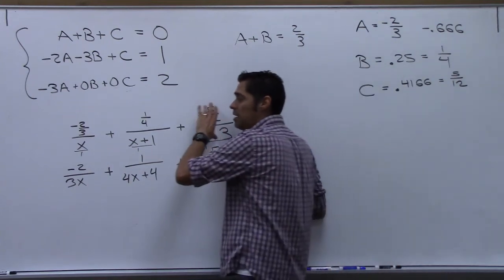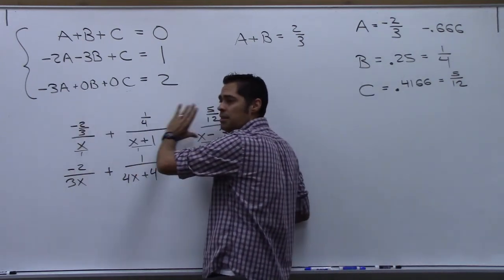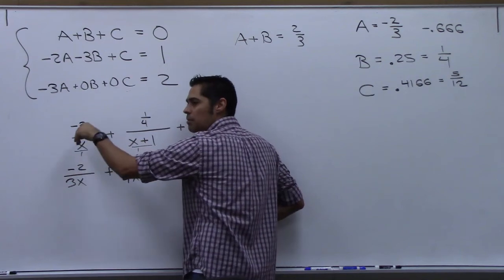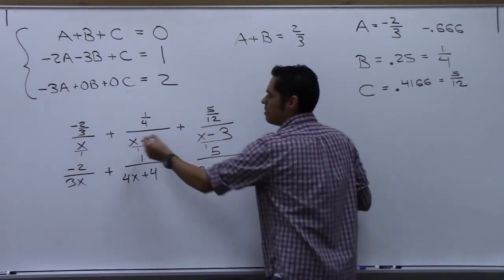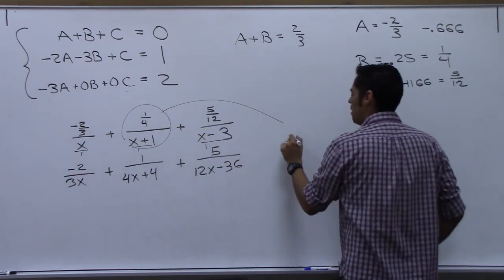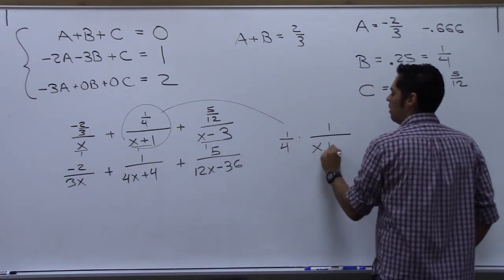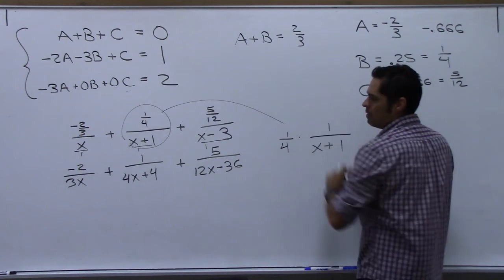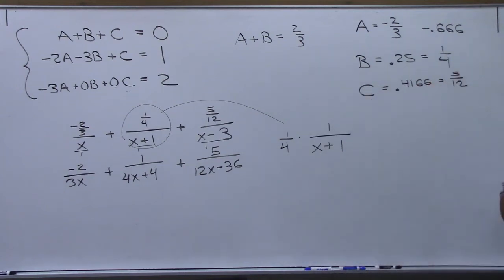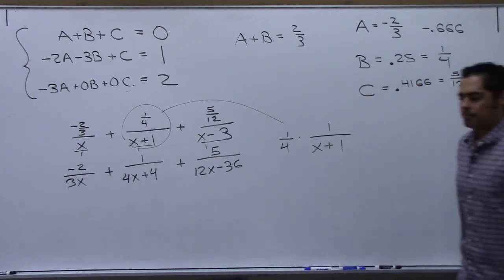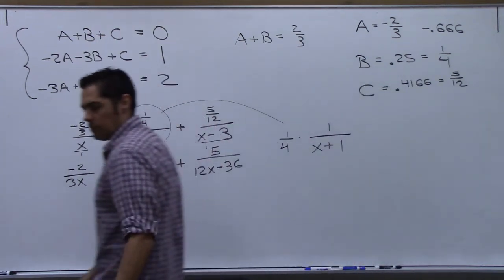But again, like I said, in a calculus class, you'll just take it to here and just pop those out. So what I mean is, for this, in a calculus class, you'll write that actually as 1/4 times 1 over x plus 1. And then you'll do something to that. Okay? It looks a lot less ugly.